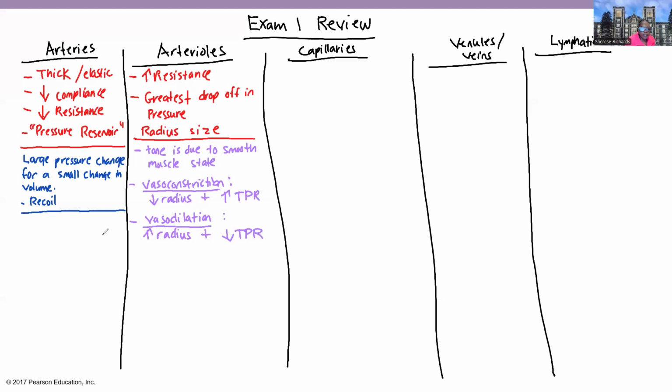Now, as far as the factors that regulate the size of the arterial radius, what are some of those factors? We divided those into intrinsic and extrinsic factors. So let's talk about intrinsic versus some of the extrinsic factors.